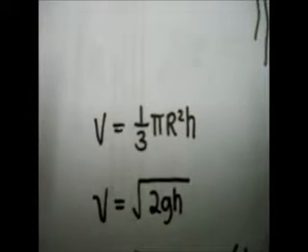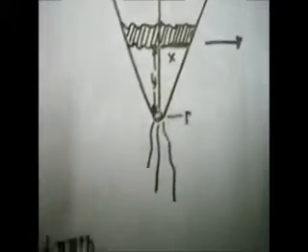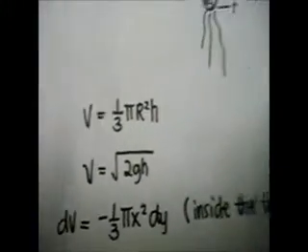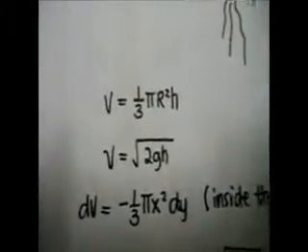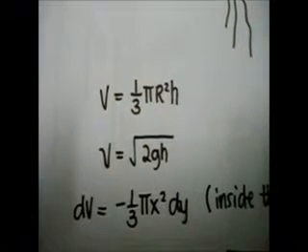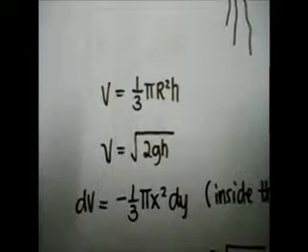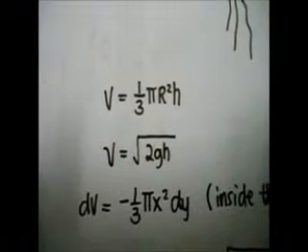So this is the velocity of the draining. Now we have to differentiate the volume: dV is equal to negative 1/3 pi x squared dy.